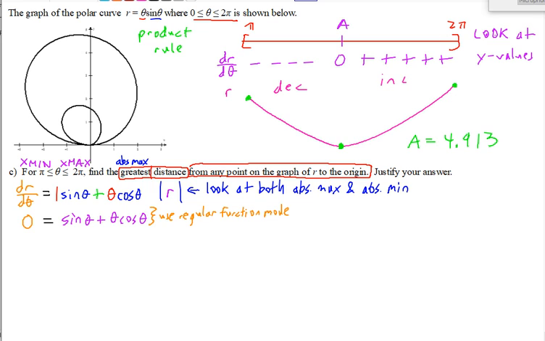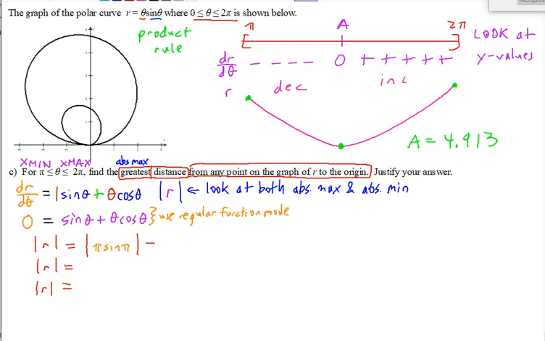So all we have to do now is find each of those. Let's say we start with pi, so we want to find the absolute value of R for each of these that we want to compare. The first one is pi, so that would be the absolute value of pi times sine of pi.